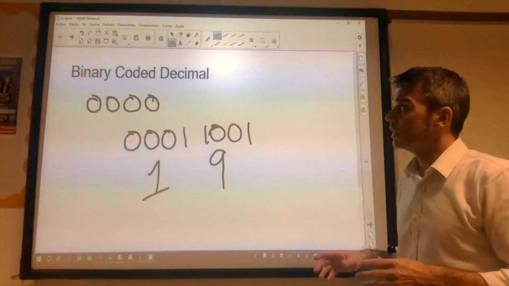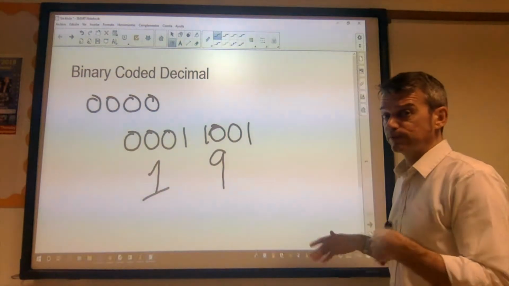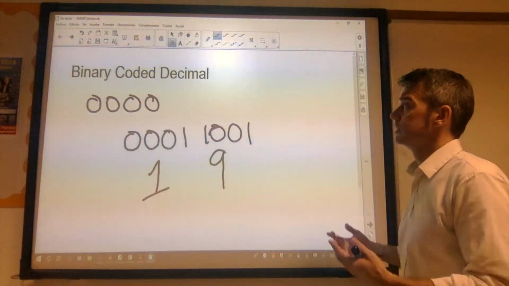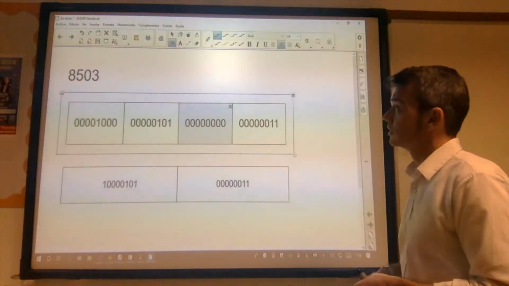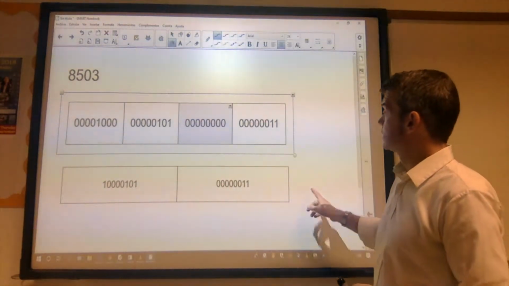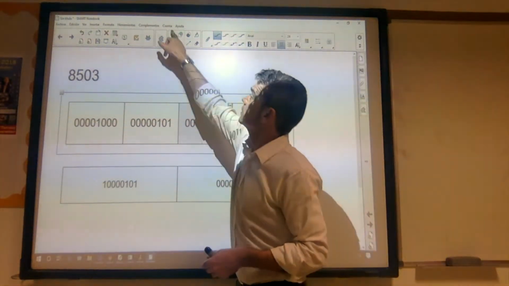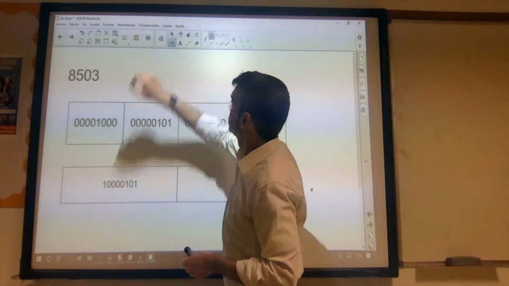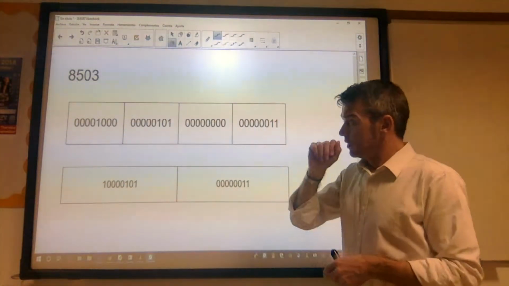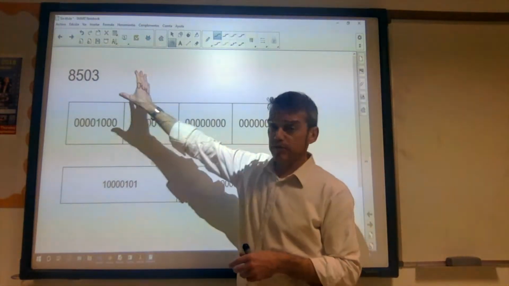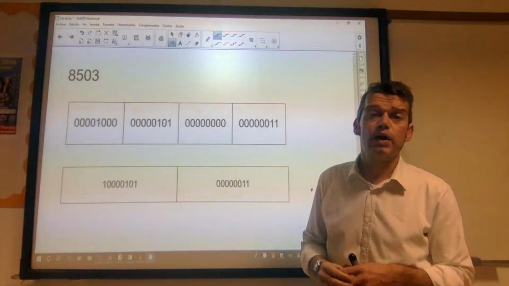Now there are 2 approaches to representing numbers using binary coded decimal, and it's just down to the number of bits we use. In this example we've got 2 ways of representing the number 8,503.